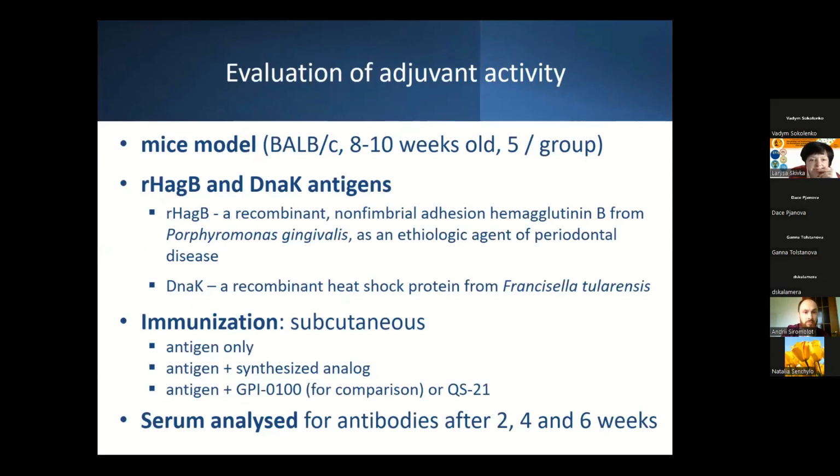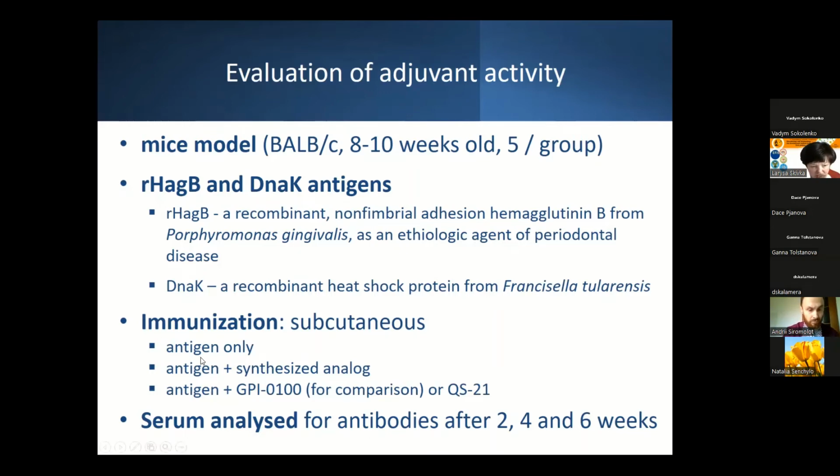And here is the evaluation of the immunoadjuvant activity of those compounds. We evaluated the activity in a mice model using two different antigens. RHB is an etiologic agent of periodontal disease, and DNAK is a recombinant heat shock protein. We did subcutaneous immunization in three groups of mice.